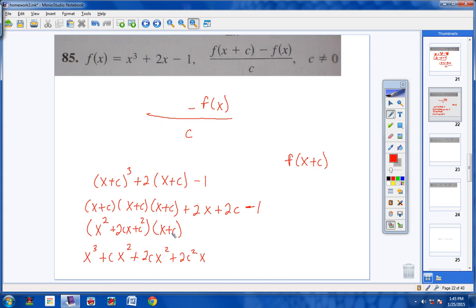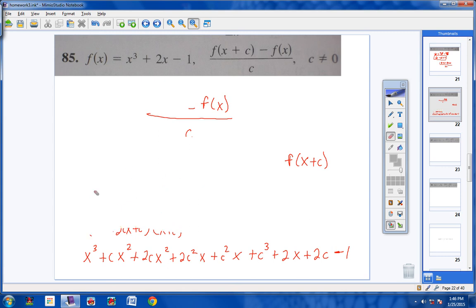Now take your c squared and multiply it through. C squared times x would be c squared x, and c squared times c would be c cubed. Okay, so it's a big mess, but that's what we have. And then bring down all of this after it right here. So if I'm going too fast, pause the video. Okay, I'm going to go ahead and move on.